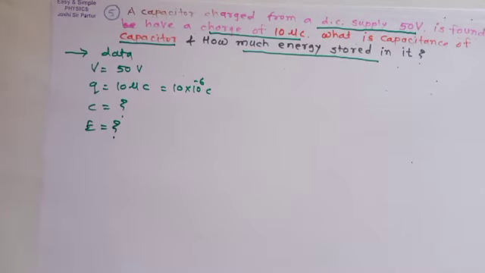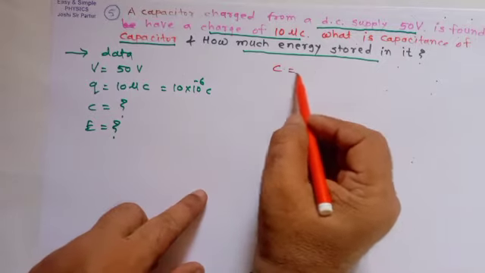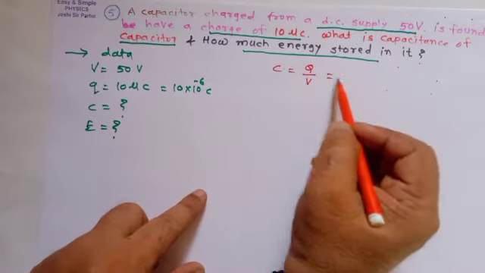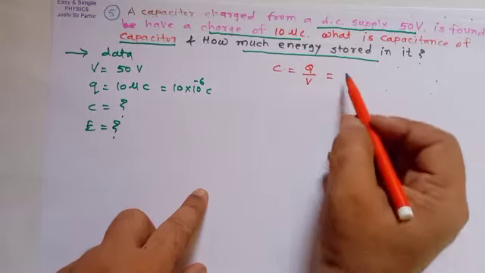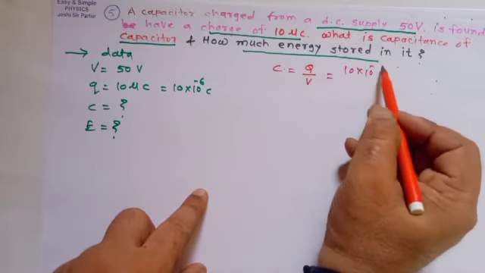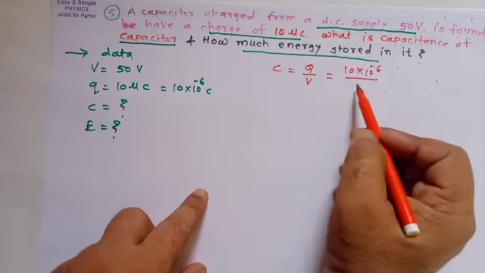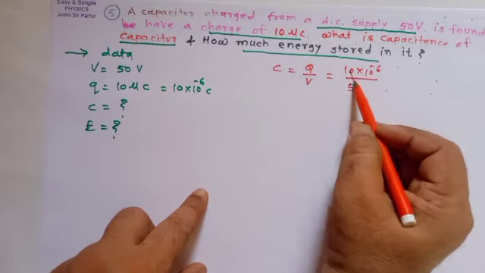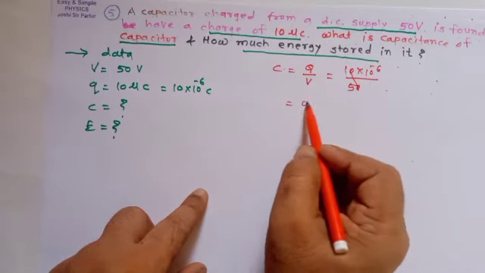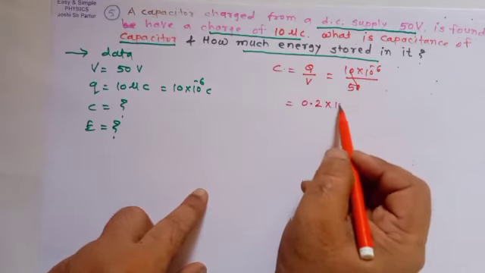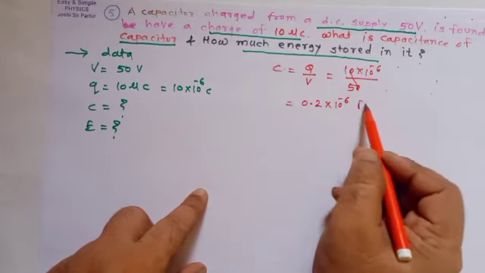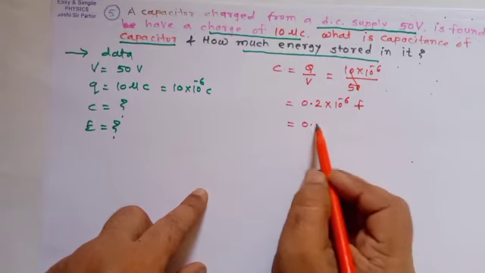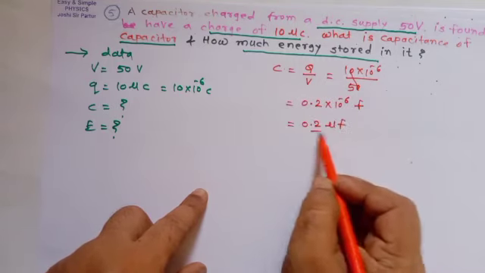So here, in a similar example, we will use the formula C equal to Q upon V. Capacity will be 10 into 10 raised to minus 6 upon 50 volt. The zero gets cancelled. 0.2 into 10 raised to minus 6 farad means 0.2 microfarad.